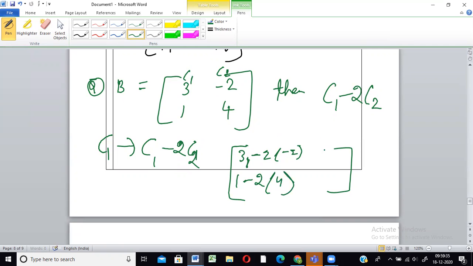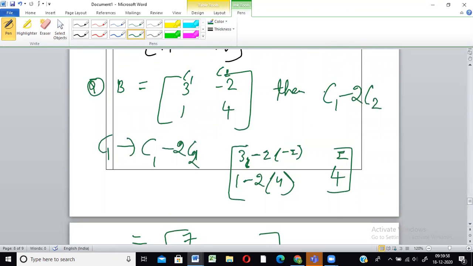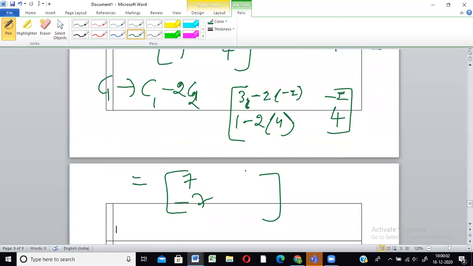And C2, there is no change, so it will be like that only, minus 2 and 4. So here the answer will be 3 minus 2 into minus 2. So that becomes 3 plus 4, 7. 1 minus 1 minus 8 will be minus 7. This is also minus 2, and 4 as it is.